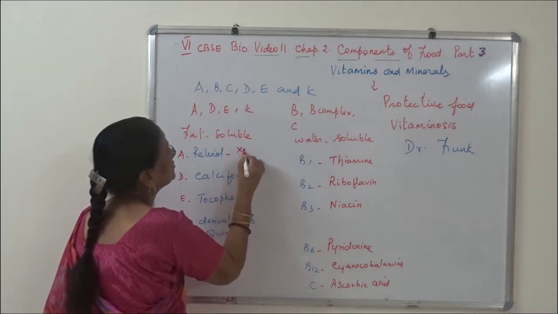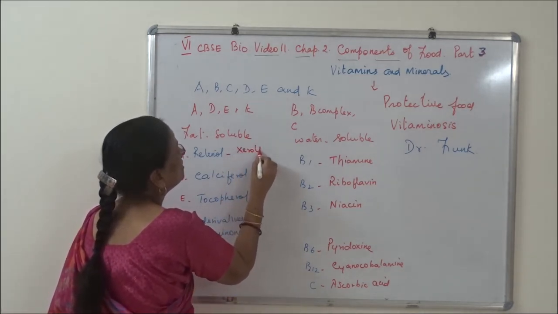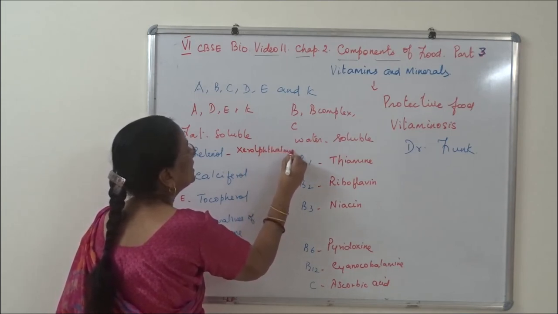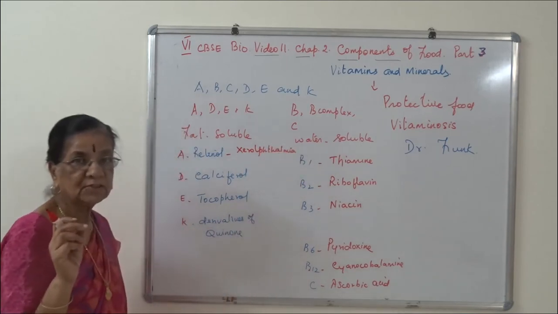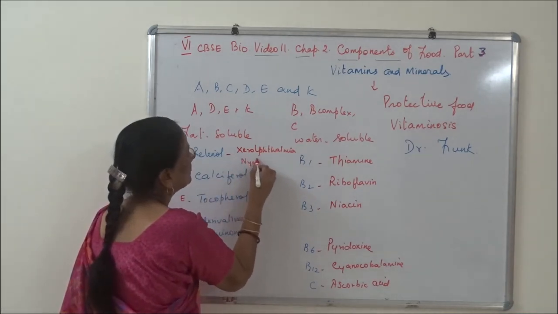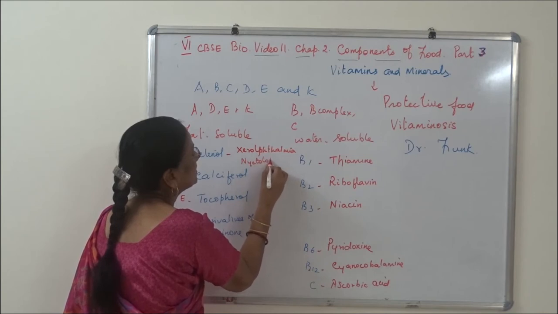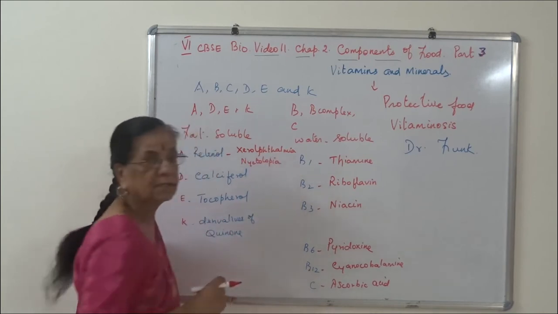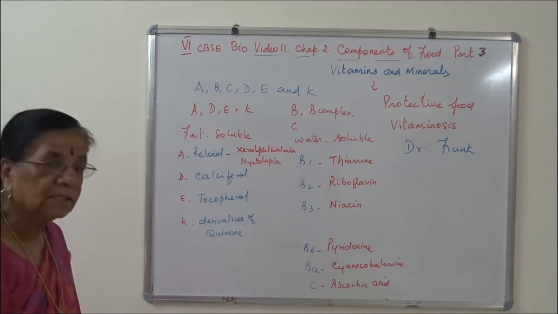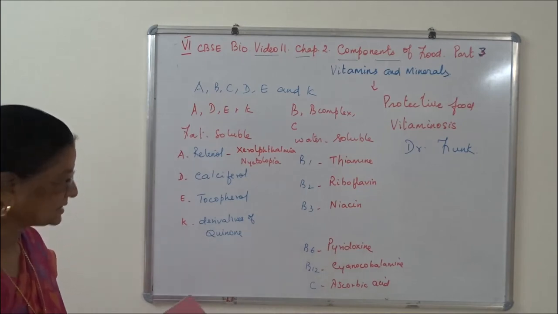The disease, xerophthalmia, affects the eye, causing dryness of the eye, and then nyctalopia, that is night blindness. These two are the deficiency diseases.